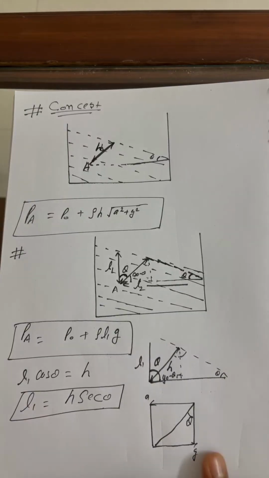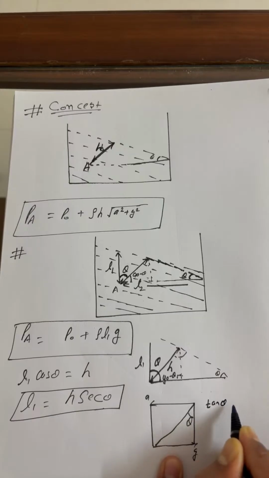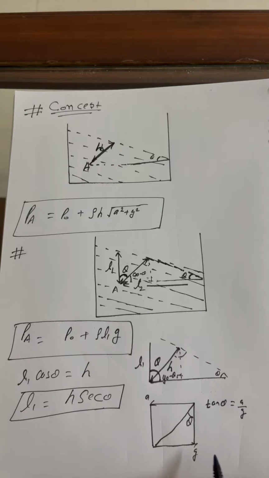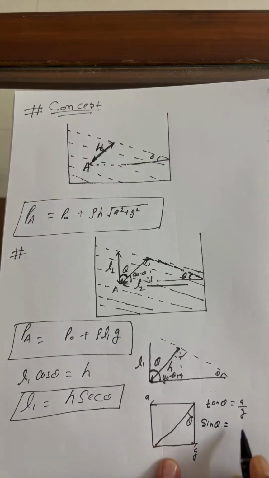Tan theta is a by g. If we have tan theta, just tell me what is sin theta. What is sin theta? This is perpendicular over what? Tell me, everyone.